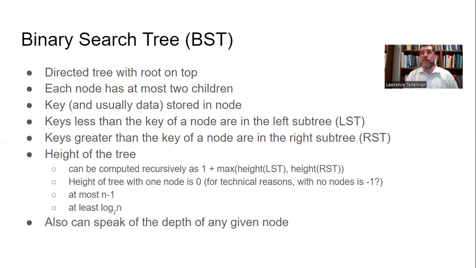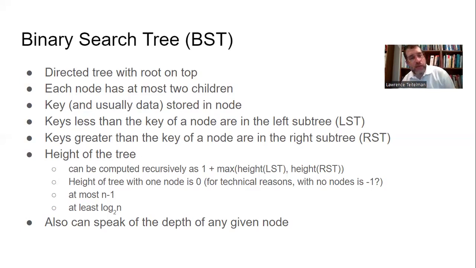However, on average, well, let's lower bound it first. Lower bound means that every node has 2 children, except if it's a leaf where it can't go any further, right? So that's going to give us log of n. And actually, that combined with it being complete will give us log of n.